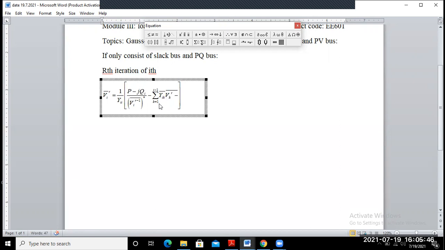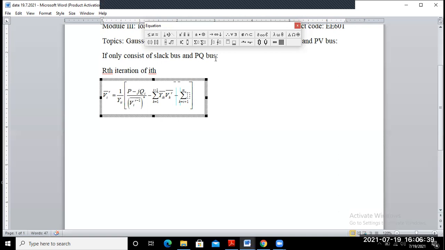So minus the summation of k equal to i plus 1 to n of Yik Vk to the power R minus 1.